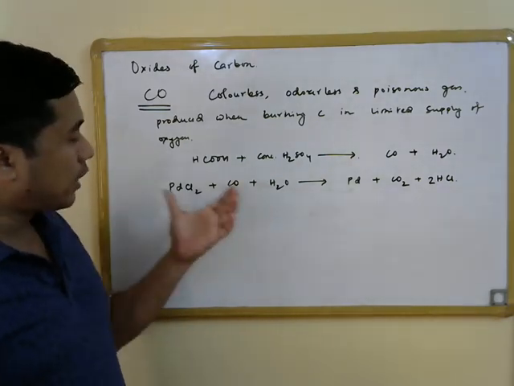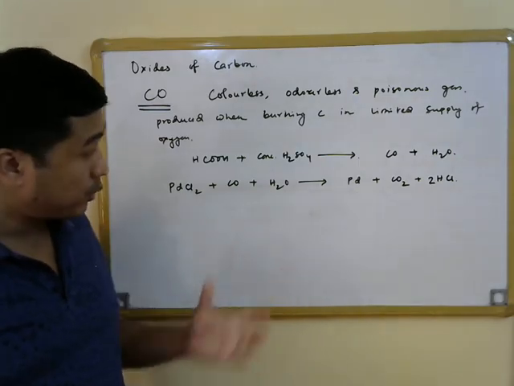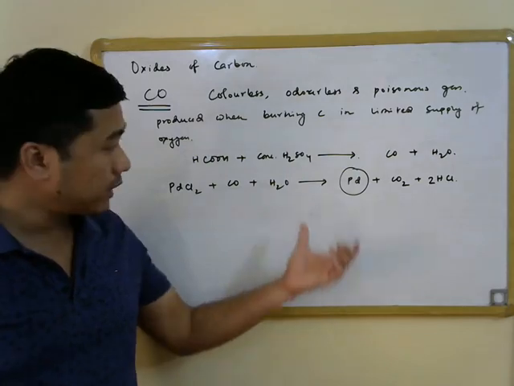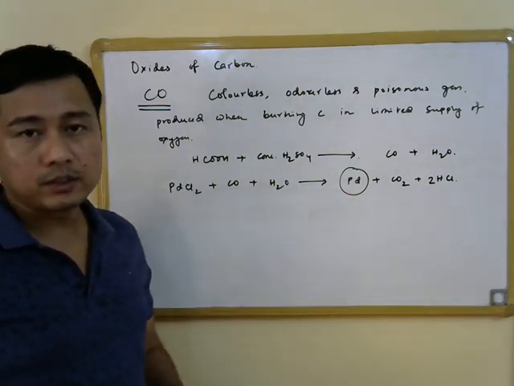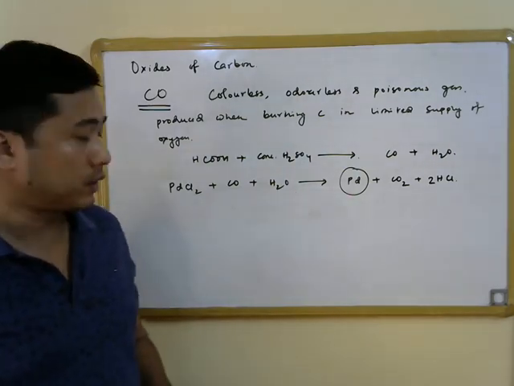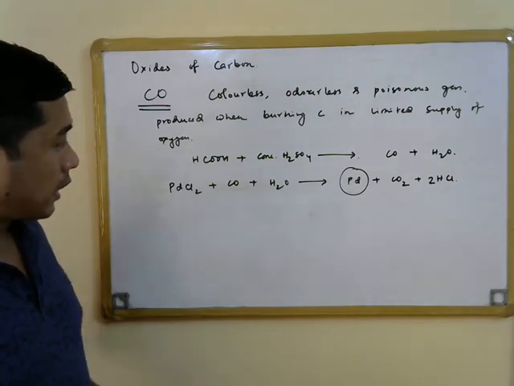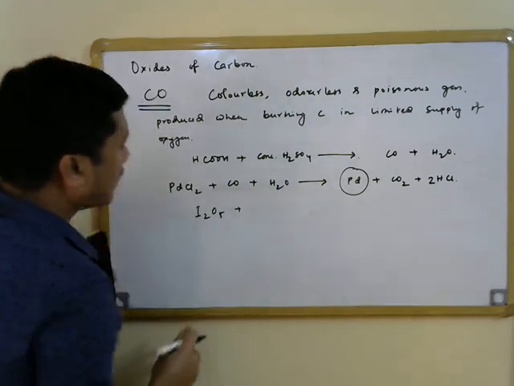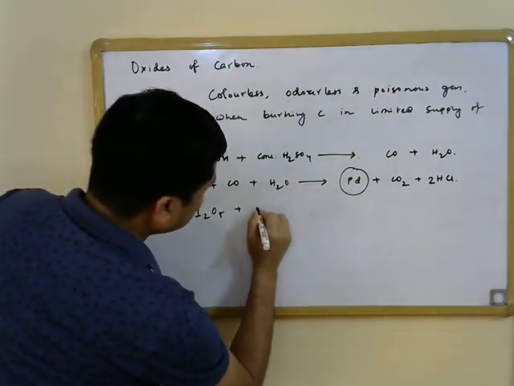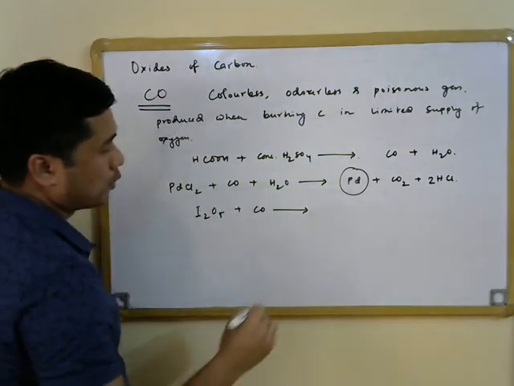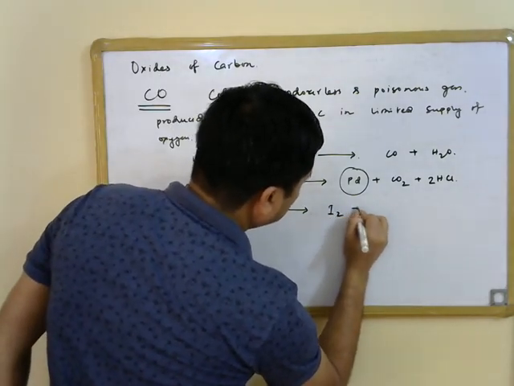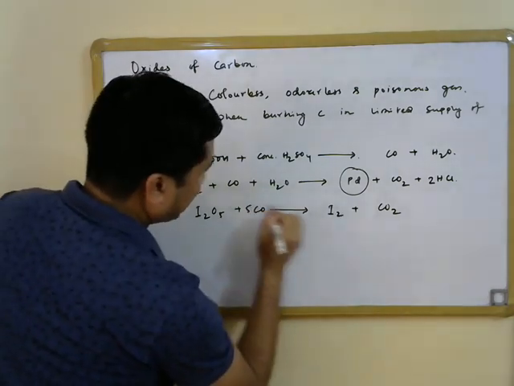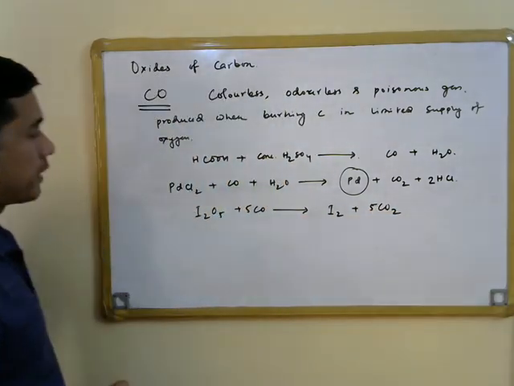So that is how the presence of carbon monoxide can be detected, because metallic palladium color is dark black. There is another reaction where carbon monoxide essentially reduces I2O5 into molecular iodine. So that is I2 plus CO2 once again, and in order to balance this reaction we can write it in this way.